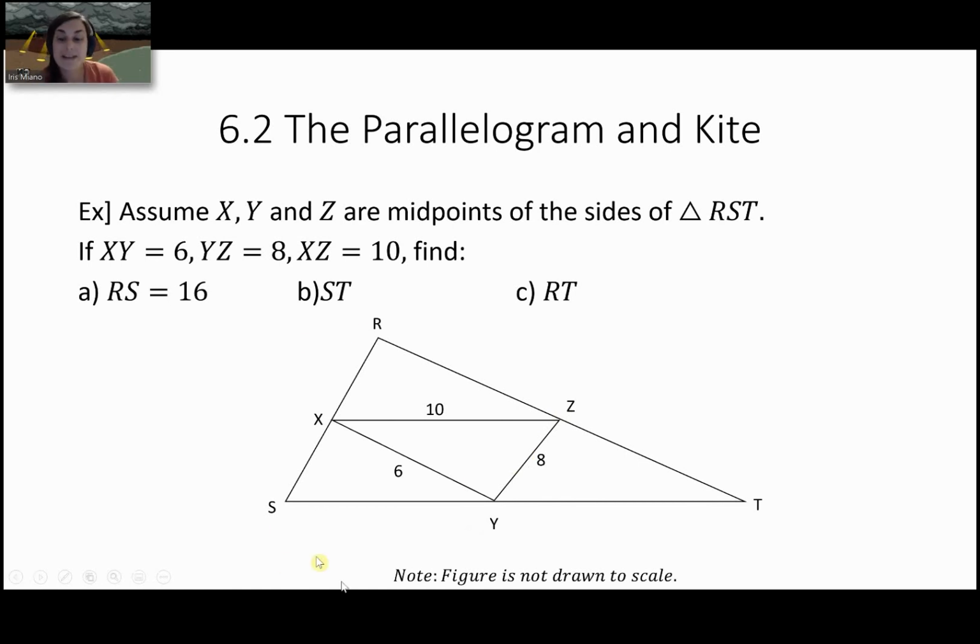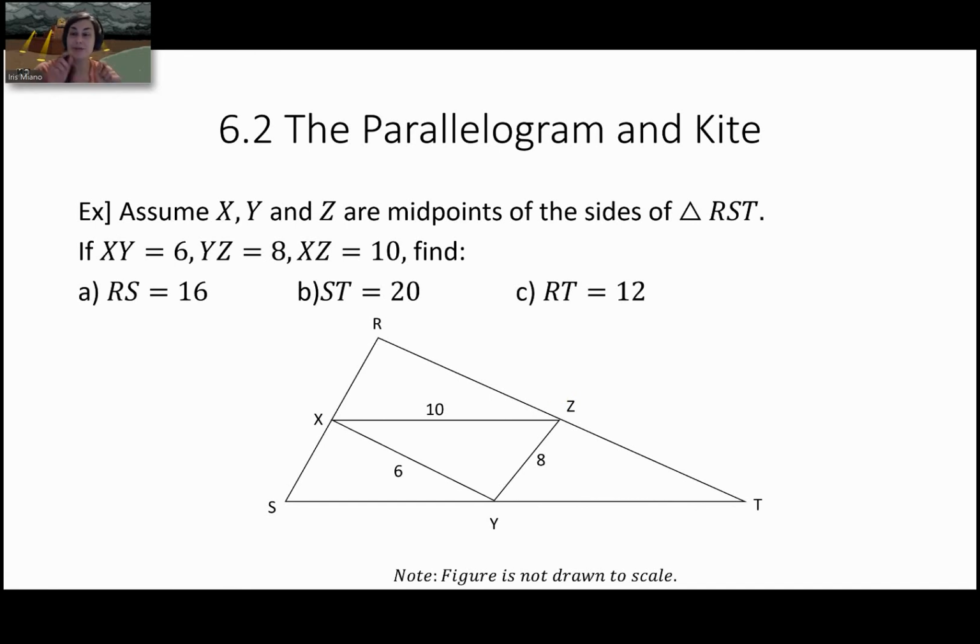ST, this bottom edge here, is parallel to the connection of midpoints that is length 10, double the 10, and you'll get ST. That's what makes ST length 20. And lastly, RT is parallel to the midpoint connection line segment XY, which has a length of 6. So that means RT must be double that, which makes it 12. Okay, cool. So that's the relationship.